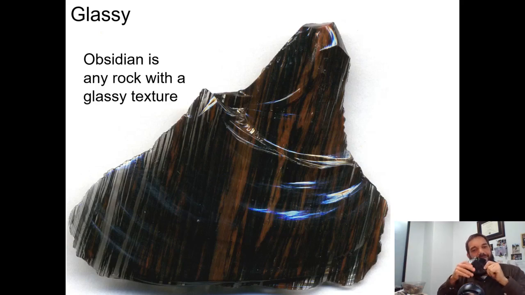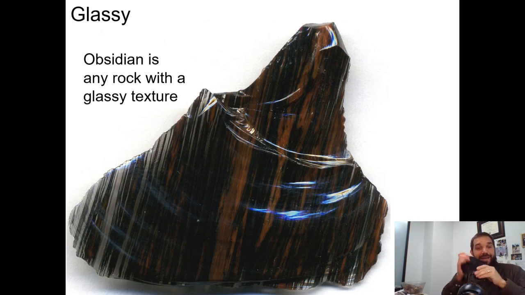This is the stuff that Native Americans and all sorts of different kinds of people used to make their arrowheads and spearheads and tools out of. And I really shouldn't say just Native Americans, because Paleolithic people from all over the world used this rock to make blades. And by the way, we still use obsidian to make blades, even in the modern era.